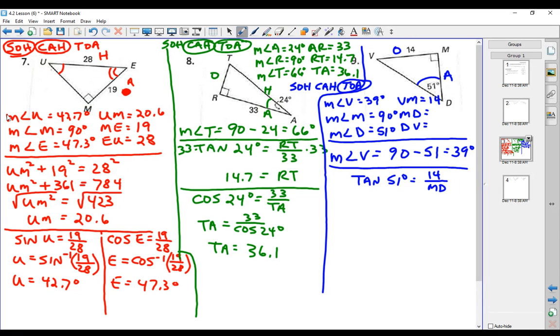This is another case where we've got the variable on the bottom, so we want to do the flip-flop procedure. So MD is equal to 14 over the tangent of 51 degrees. And when I work that out on the calculator, MD comes out to be 11.3.